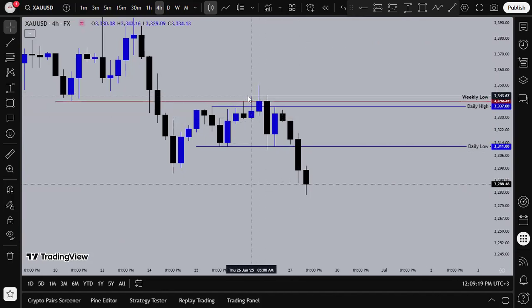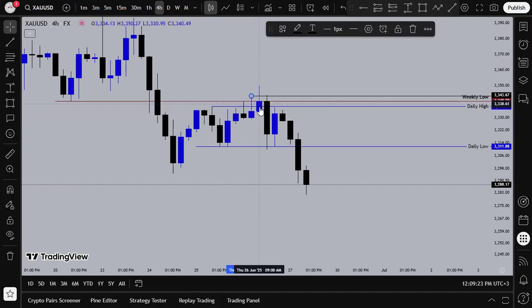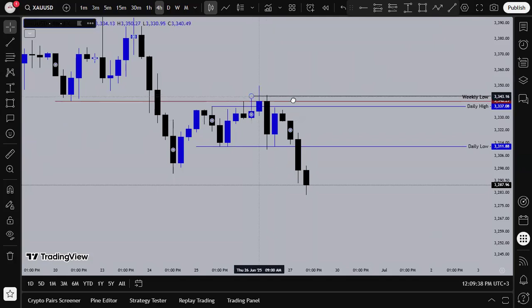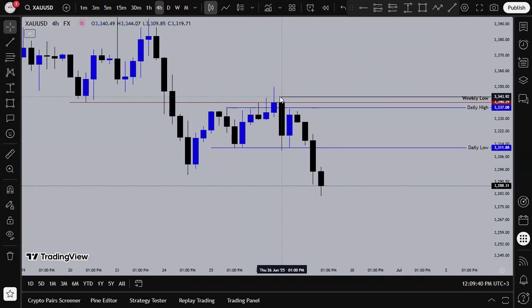Let's come here. This 4 hour and this 4 hour here, this 4 hour failed to close the last 4 hour. What happened? The next 4 hour reversed. Now you can find a lot of entries in here. You can find a lot of entries just using this trick.